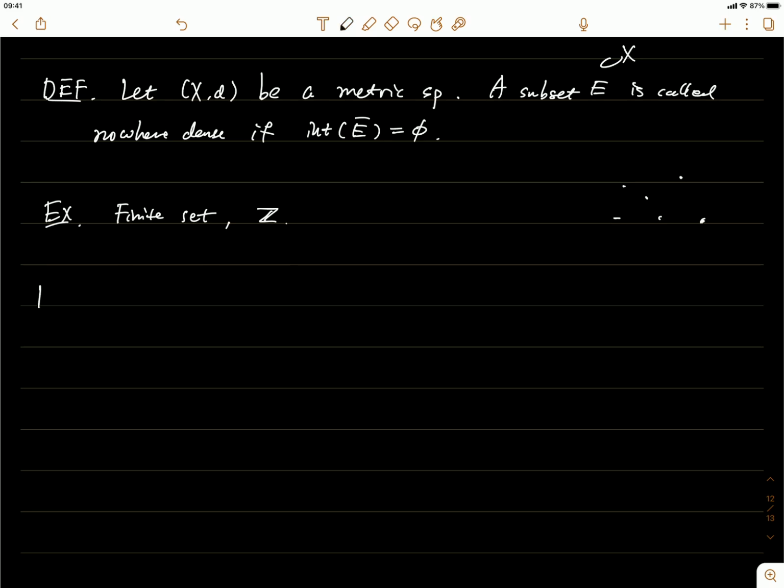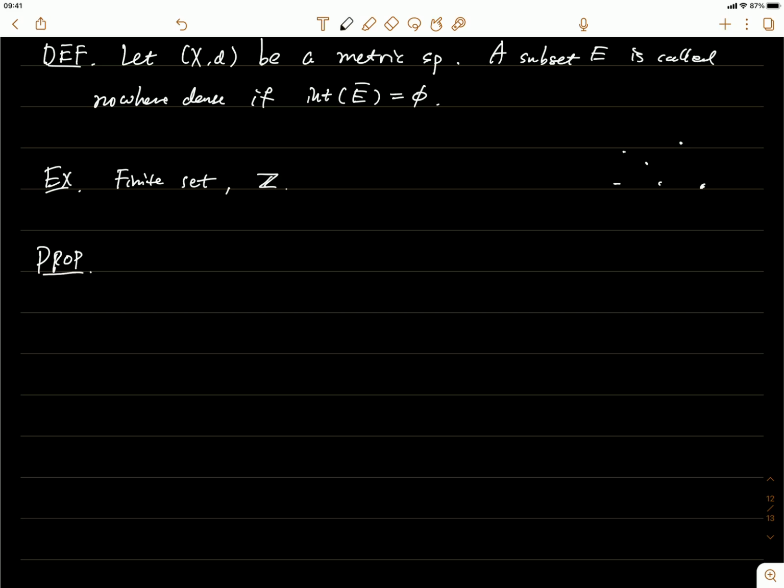So let's look at the proposition. We have a necessary and sufficient condition for a nowhere dense set. Let X be a metric space.